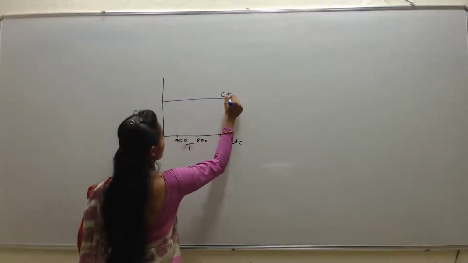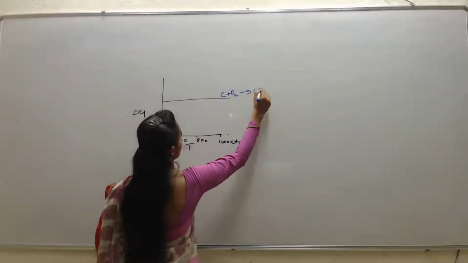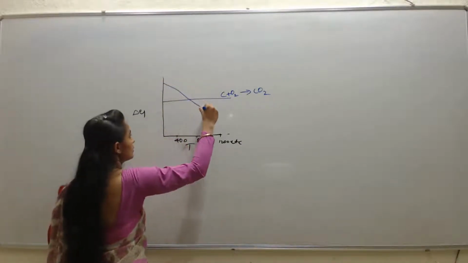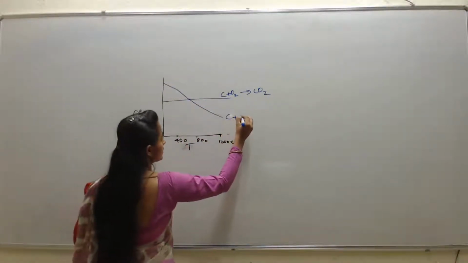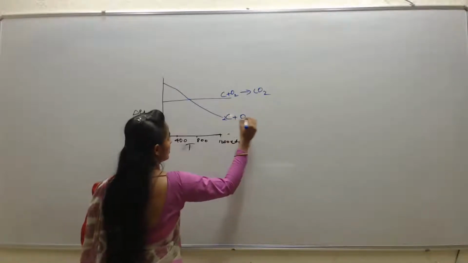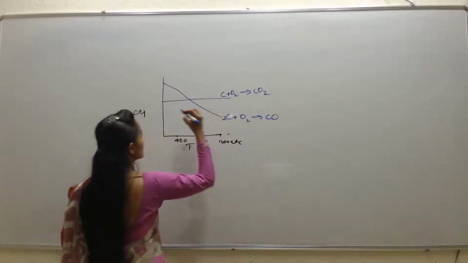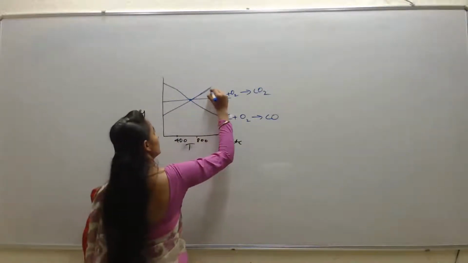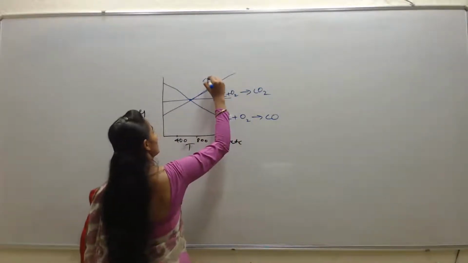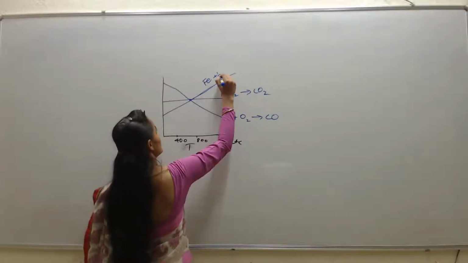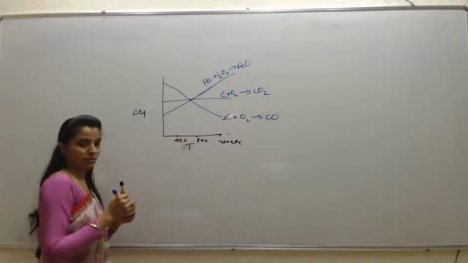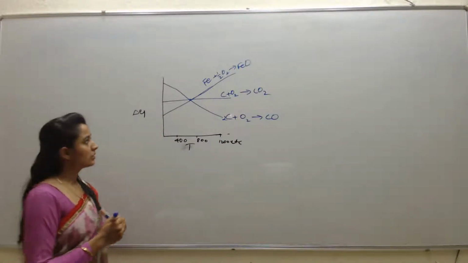This is the carbon curve, C plus O2 gives CO2, that is the carbon dioxide curve, and this one is C plus O2 gives CO, the carbon monoxide curve. And this one is Fe plus O2 gives rise to iron oxide. Okay, so this is the curve.